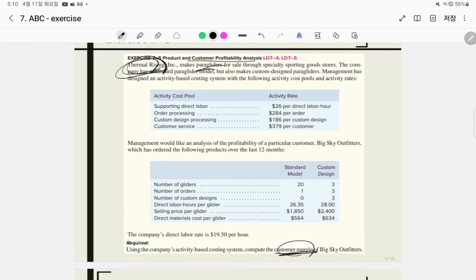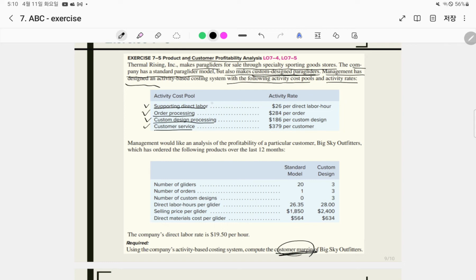So Thermalizing makes paragliders for sale through specialty sporting goods stores. The company has the standard paraglider model, but also makes custom designed paragliders. Management has designed an activity-based costing system with the following activity cost pools and activity rates. Here we have 4 activity cost pools: supporting direct labor, order processing, customer design processing, customer service.